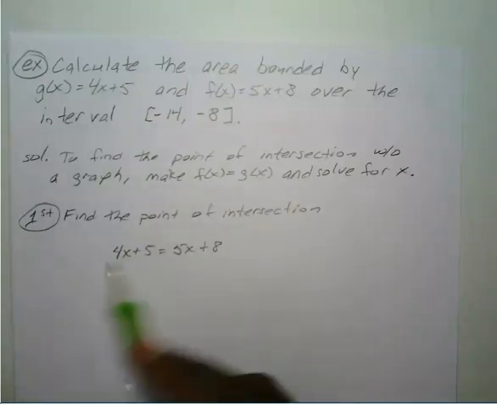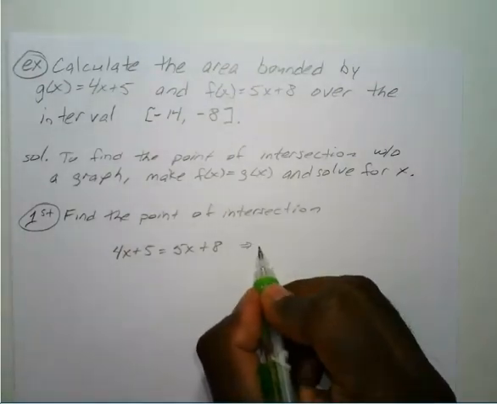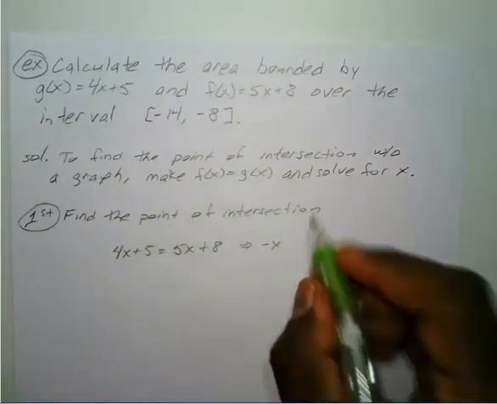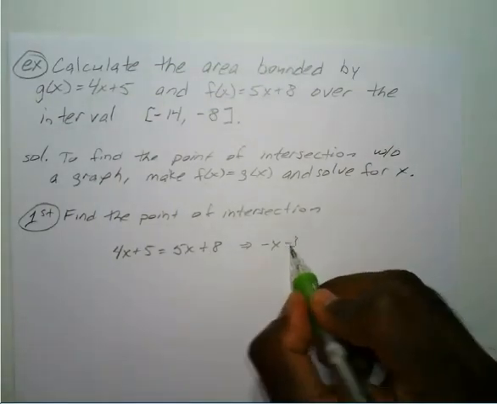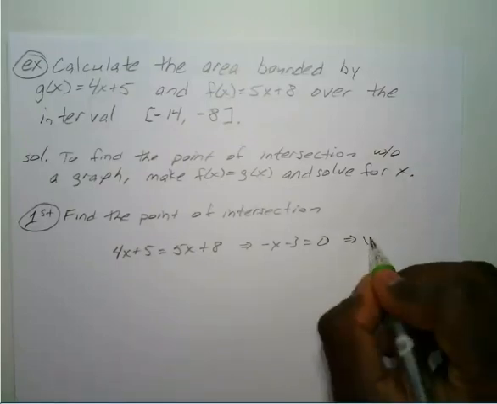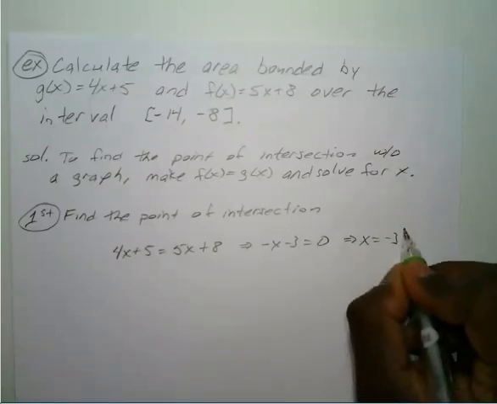If we subtract 5x from both sides, you get negative x. If we subtract 8 from both sides, you get negative 3 equals 0 on the other side. So in other words, x equals negative 3.